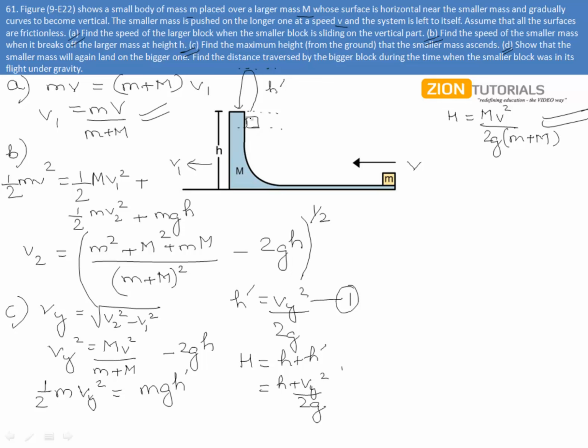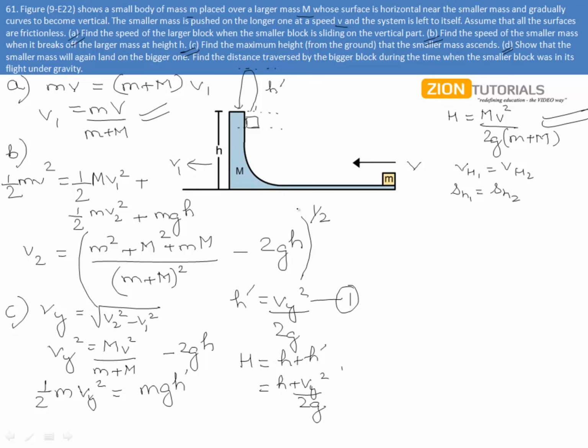So when it goes into the air, they both have the same horizontal velocity, that is Vh1 is equal to Vh2. And since the velocity is the same, they will cover the same distance in the same time. Hence when it returns back, the capital M block would have covered the same distance. So I can write SH1 is equal to SH2, that is the horizontal displacement.